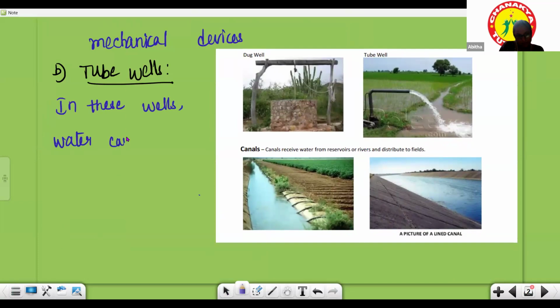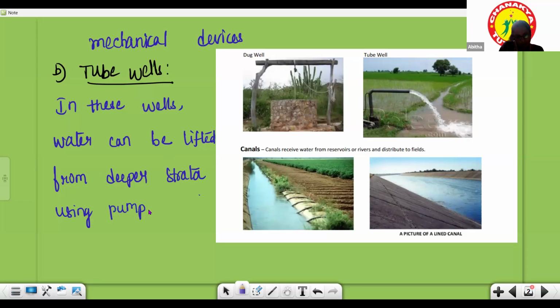Understand? What is the difference between dug well and tube well?